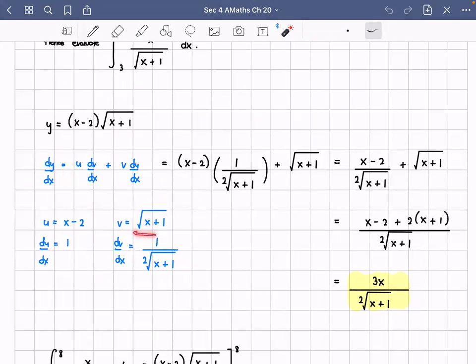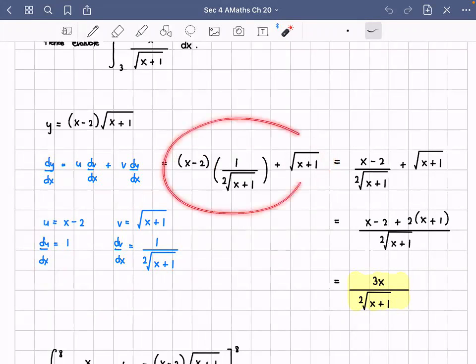And then v is root of x plus 1, so the derivative of this is 1 over 2 root x plus 1. So that's it. Now we plug in these values into our formula. So u is x minus 2 times the derivative of v, plus v, which is root of x plus 1 times the derivative of u.